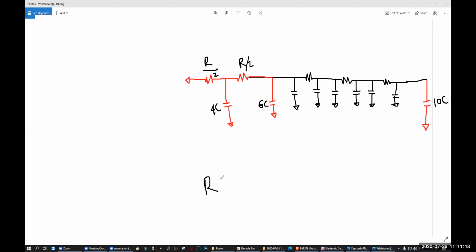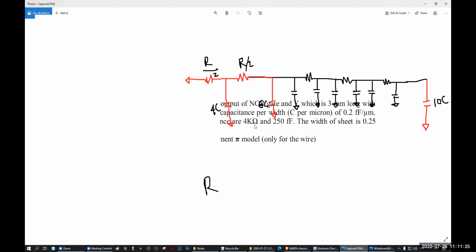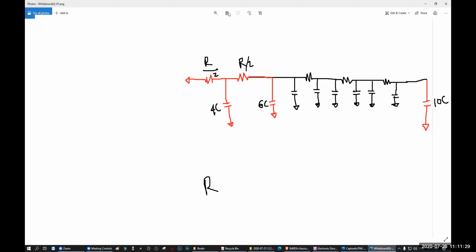So we have to use the MOS values. MOS resistance is 4 kilo, that is RM, and CM, the MOS capacitance, is 250 femto. So, R by 2 means 4 kilo divided by 2. That means 2 kilo.